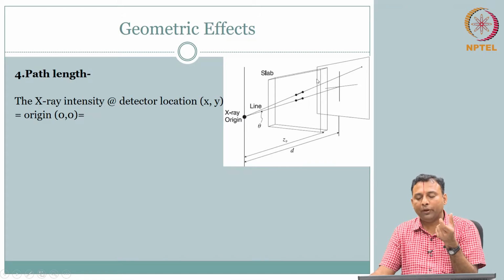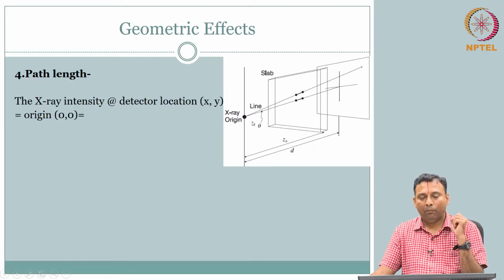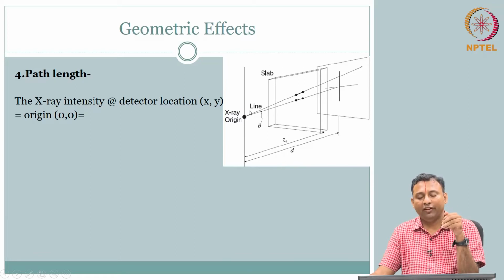Whereas at the detector point here, the ray would have crossed a path in the slab that is not the shortest distance, not the thickness of the slab, but a path which is more than your thickness because it is at an angle. So clearly you have a path length effect. The material is the same, the source is the same. So you have addressed the issue of variation in the beam intensity at the source in the anode heel effect.